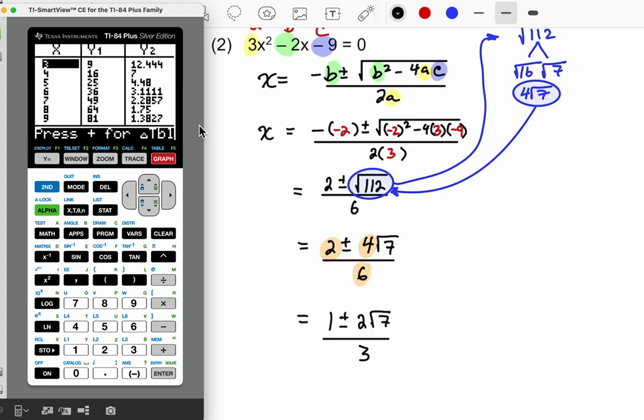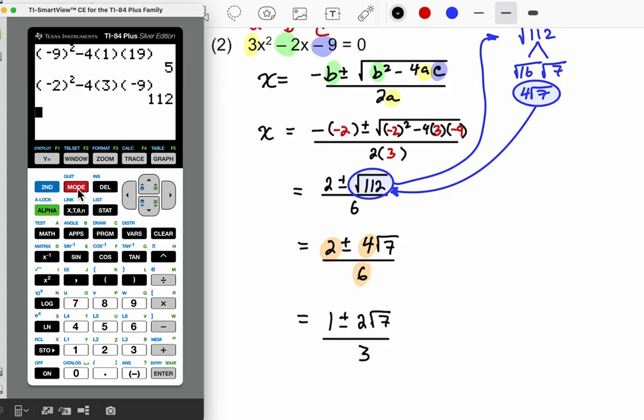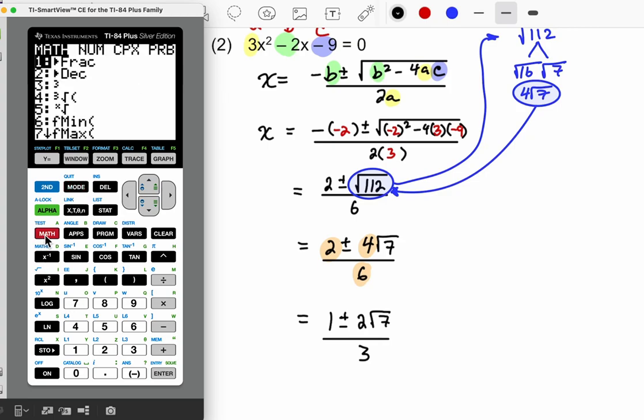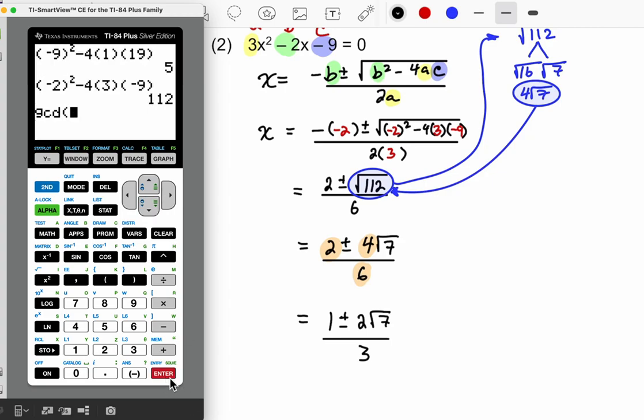Now, if you have a hard time figuring out what the common factor is, we could use the GCD on the TI. So again, math, go over to NUM, and run it down to option 9, GCD. We have 2, 4, and 6.